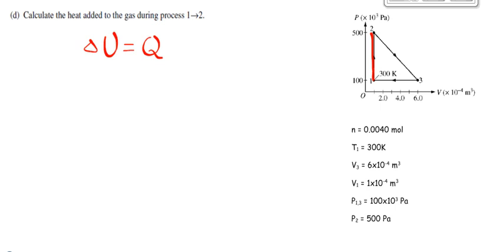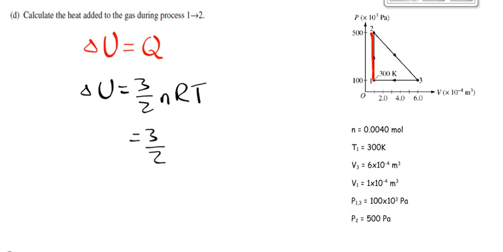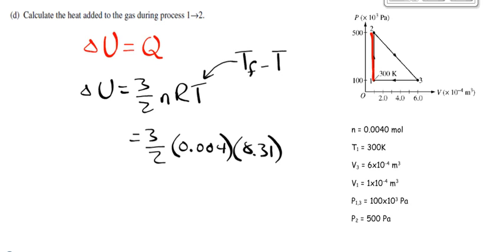There's only one equation you have for delta U. And finally, we get to use all those given pieces of information. So 3/2, N is given as 0.004, R is 8.31. Now we need to look at this temperature, which is the change in temperature.